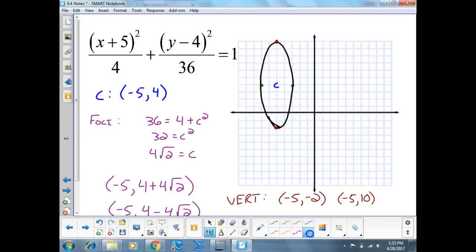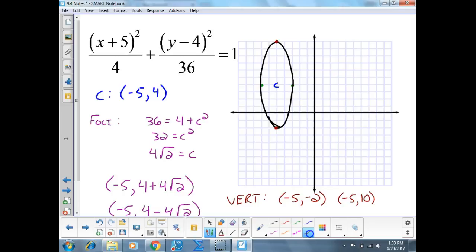Okay? So since I went up and down, since this was 6, I'm going to add 6 and subtract 6 to the 4 to get the vertices. So negative 5 comma negative 2 is subtracting 6 from the 4. Negative 5 comma 10 is adding 6 to the 4.